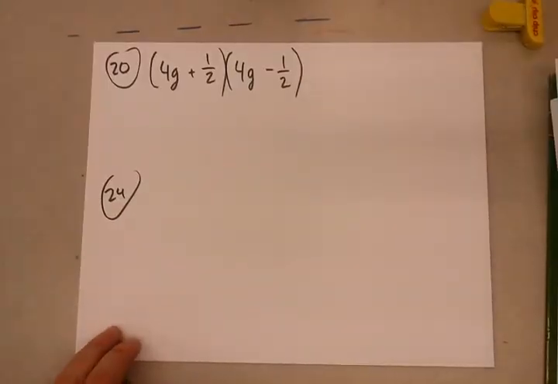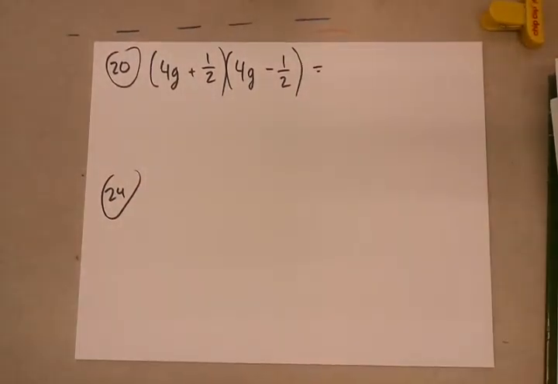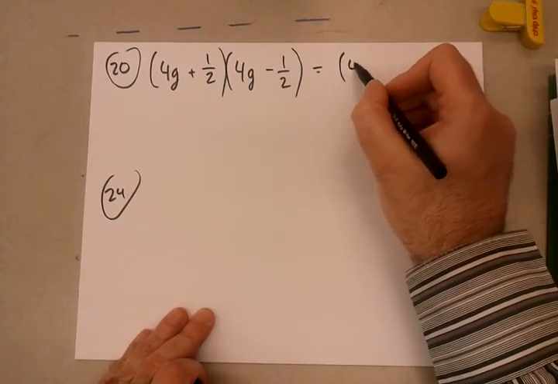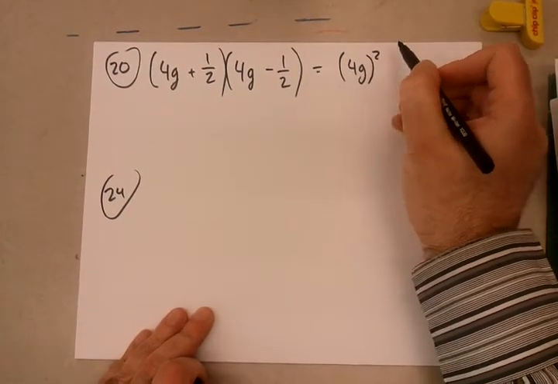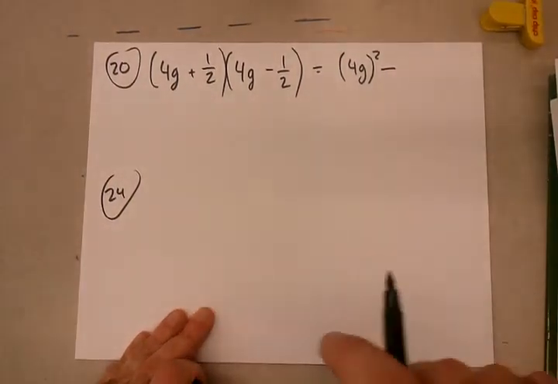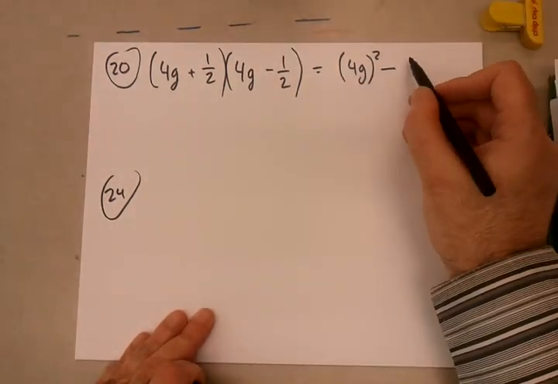So next up we're going to do problem number 20. 20 is again part of that second set of special cases where you get the even easier shortcut that only has 2 steps. Again, you're always welcome to FOIL that out or table that out, but I promise you the shortcut is a lot simpler. So the shortcut says take the square of the first term, which in this case is 4g, so 4g squared, then minus or subtract the square of the second term. Doesn't matter which one you choose, the positive half or the negative half. I'm going to choose the positive half this time.